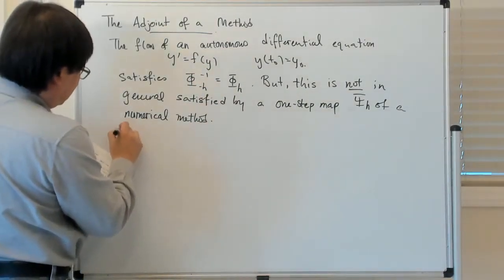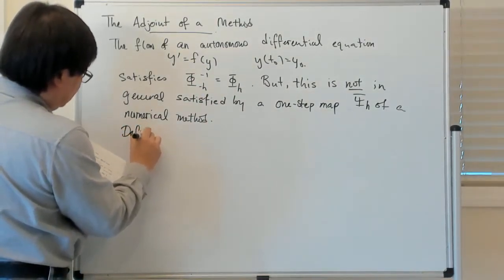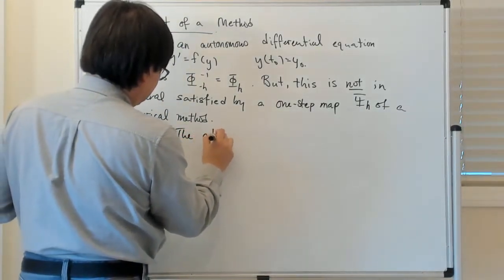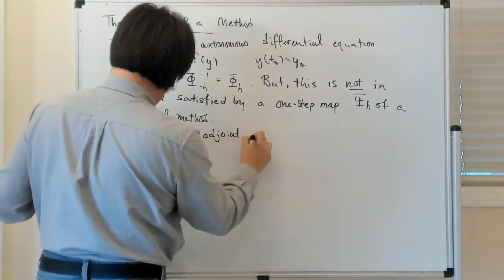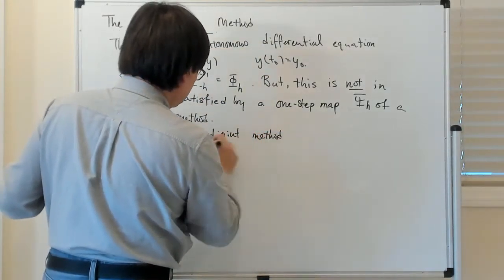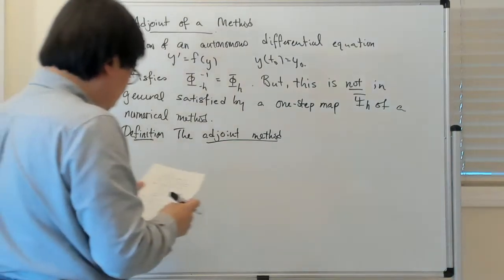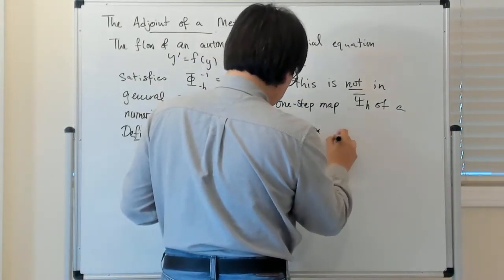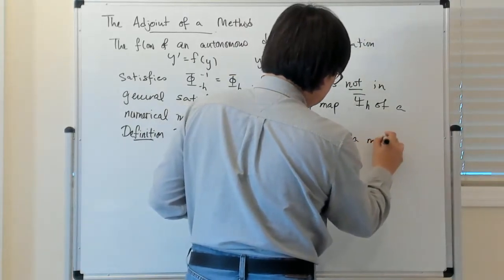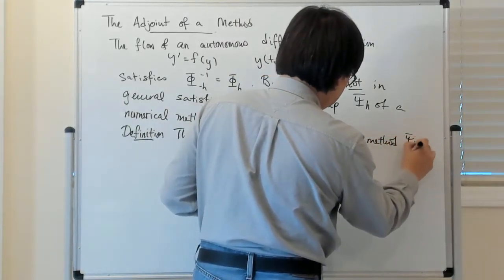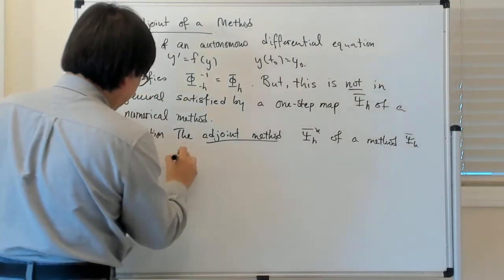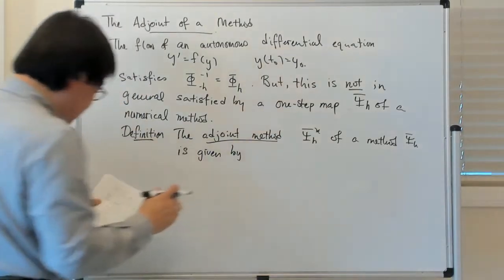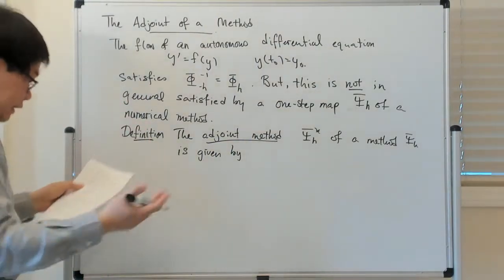Okay, so the definition: the adjoint method, which is denoted by this star, of a method is given by, again, taking a negative time step and then taking its inverse.